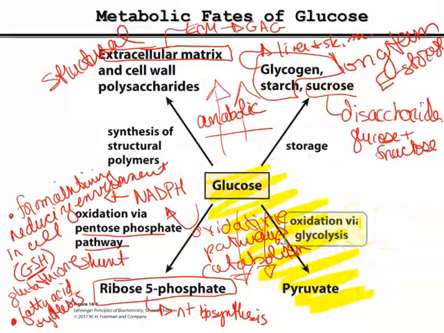And in glycolysis, we oxidize glucose to pyruvate, and we will also be forming some important compounds here like NADH and, of course, ATP.